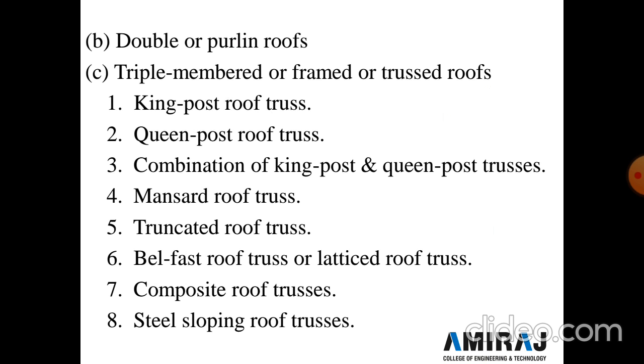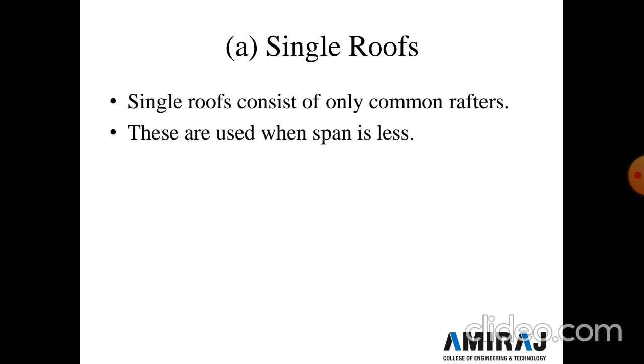Fifth is a truncated roof truss. Sixth is a Belfast roof truss. Seventh is a composite roof truss. Eighth is a steel sloping roof truss. One by one we discuss them.